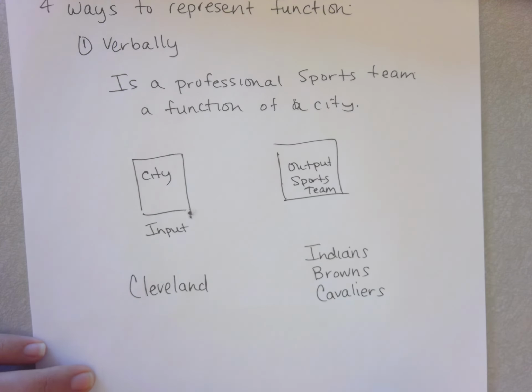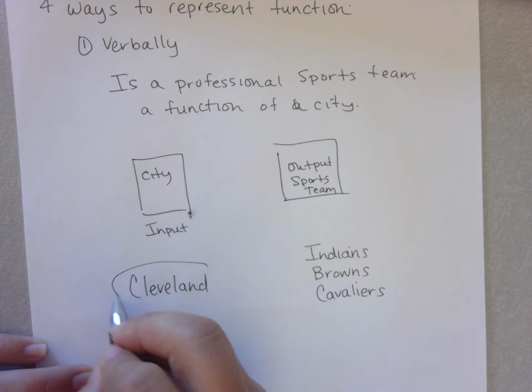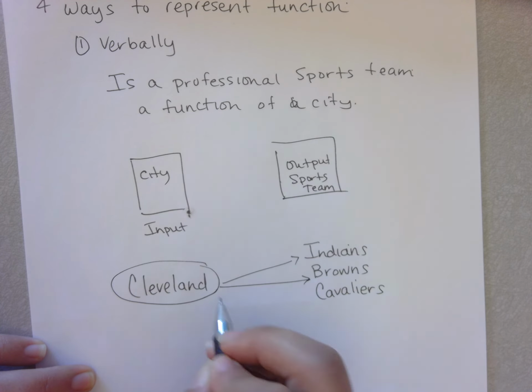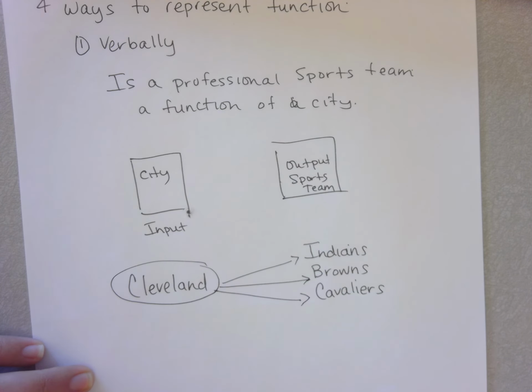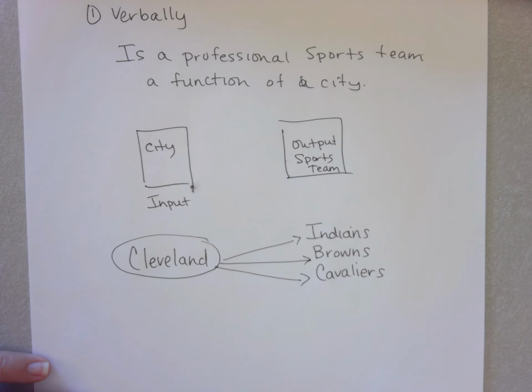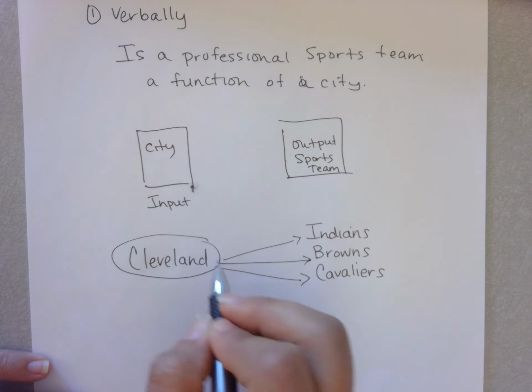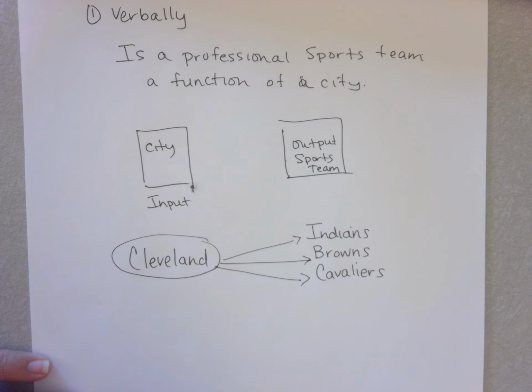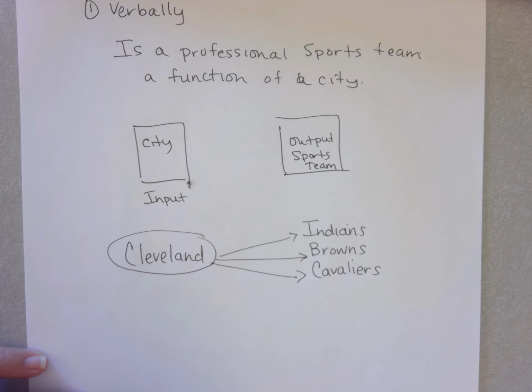So for Cleveland, there's the Browns, Indians and Cavaliers as sports teams. This is an indication that I have this one input and it's matching up with three distinct outputs. That goes against our rules for functions.